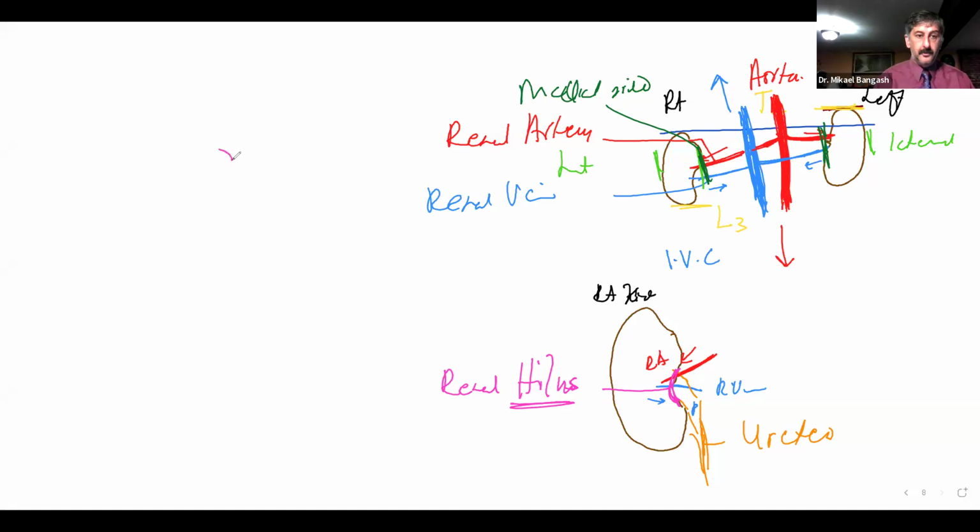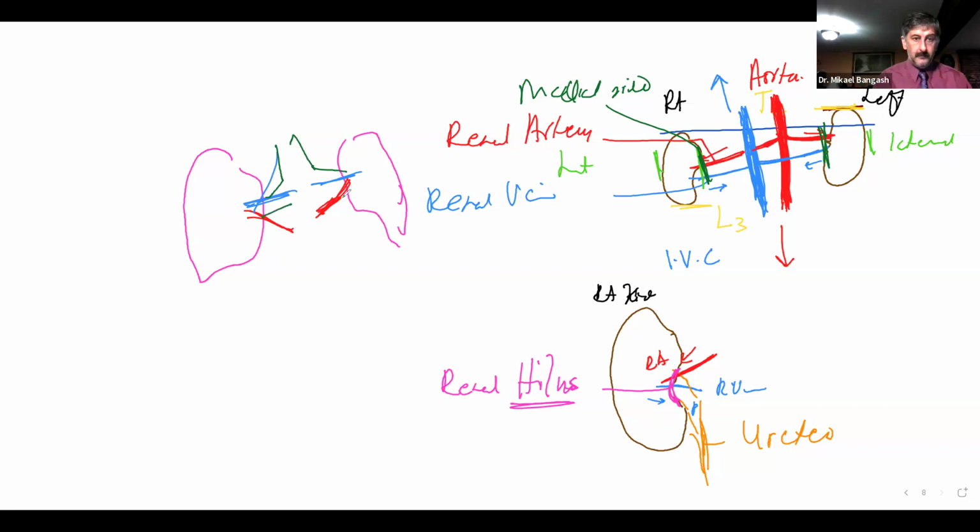Did you guys remember your hilus from your lungs? Because what did we have then? We had the veins leaving, we had the arteries entering, and we also had the main bronchi.